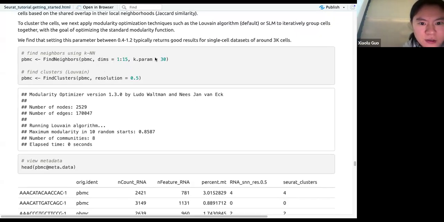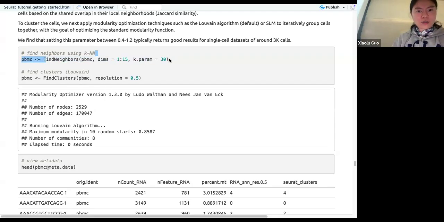And then here we use the K neighbors, right? And we use 30 neighbors here. And here is basically finding the neighbors using the k-nearest neighbor algorithm, and then assigning it to the PBMC object.